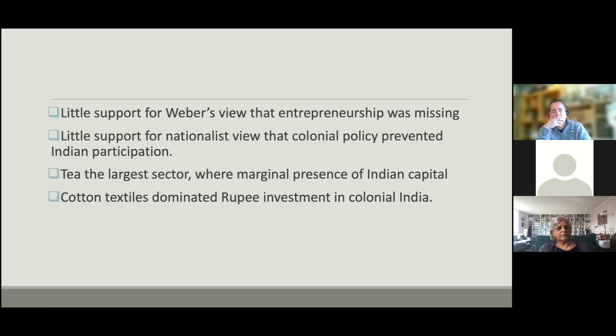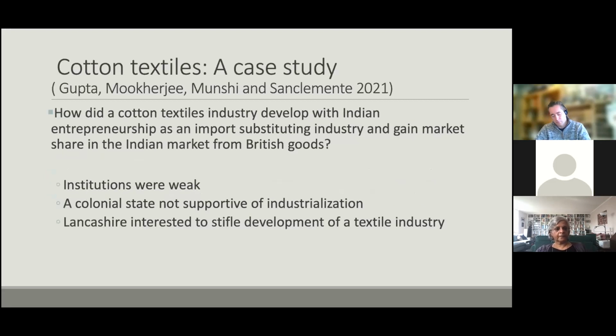There is also little support for the nationalist view that colonial policy prevented Indian participation. Tea emerged as the largest sector where there was marginal presence of Indians. Cotton textiles, on the other hand, was dominated by Indian investment and in particular rupee investment.